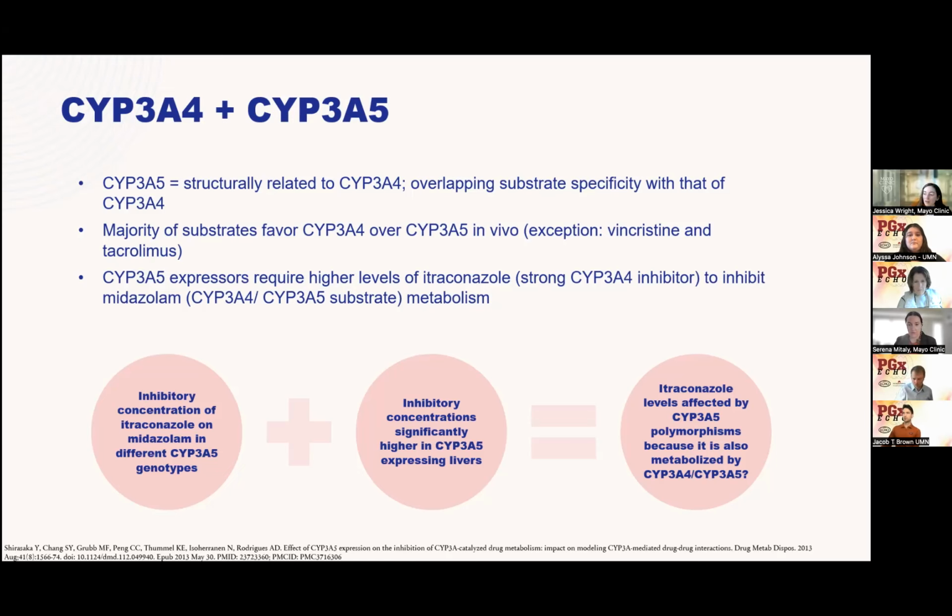But what about itraconazole being affected by CYP3A5 polymorphisms? Could it also be that if itraconazole is also metabolized by CYP3A5 to some degree, the levels would go down for itraconazole if a patient is a CYP3A5 expressor?